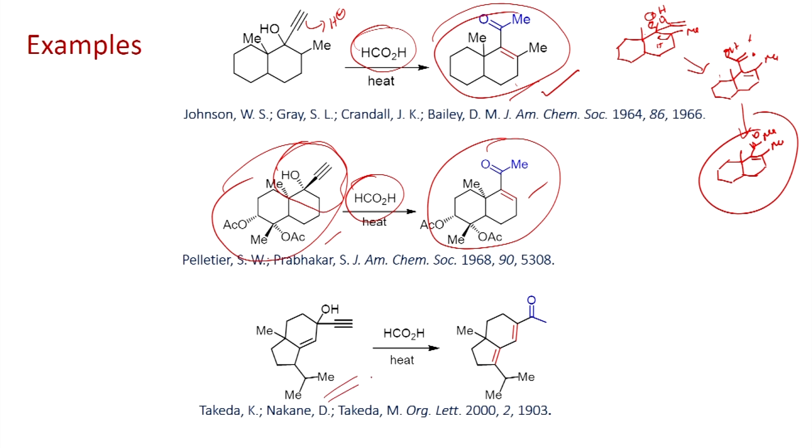And here, let us look at this one. In this case also, when you react this substrate with formic acid, you will be able to get this compound in this reaction, as we have just seen.